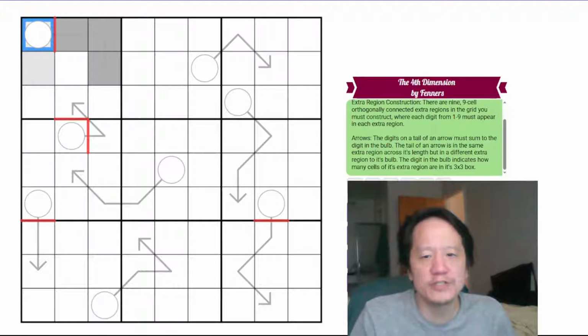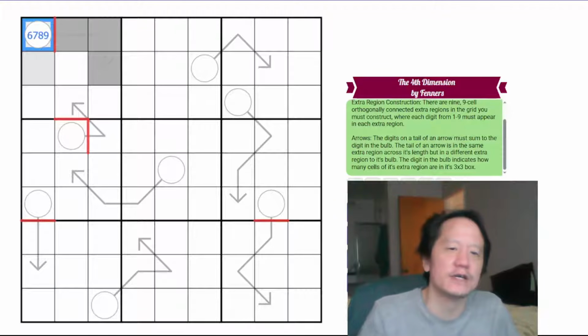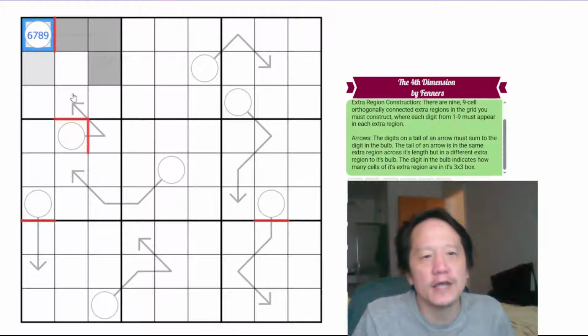So this must be 6 through 9. And remember, the digit in the bulb indicates how many cells of its extra region are in the 3x3 box. So this has to be the sum of 3 unique digits, so it must be at least 6. Well, it cannot be the same as these 3 cells because they're in a different region.